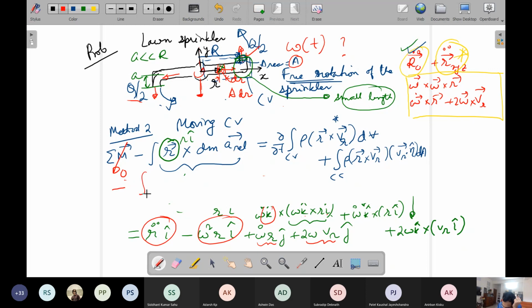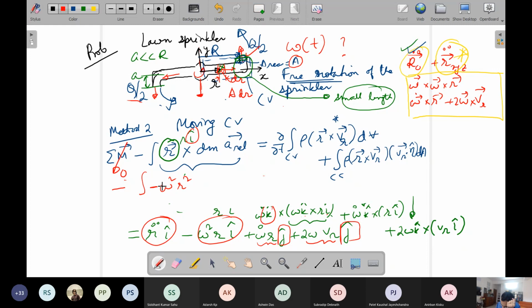Then integral of, so I cross this with these j's, so it will be k.